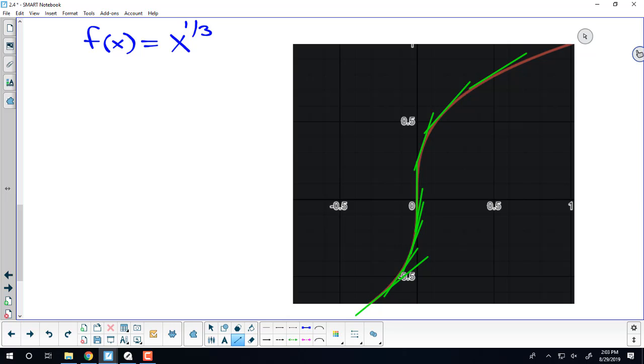You can have the slope being negative infinity. Since we were looking at a positive infinity slope, notice that all of the slopes of any of those green lines are always positive, right? You can approach a vertical tangent through negative slopes.